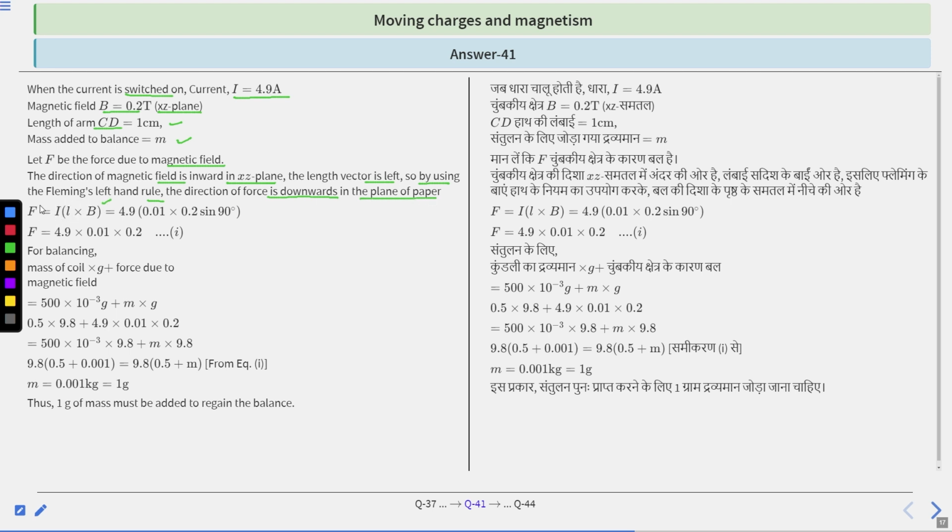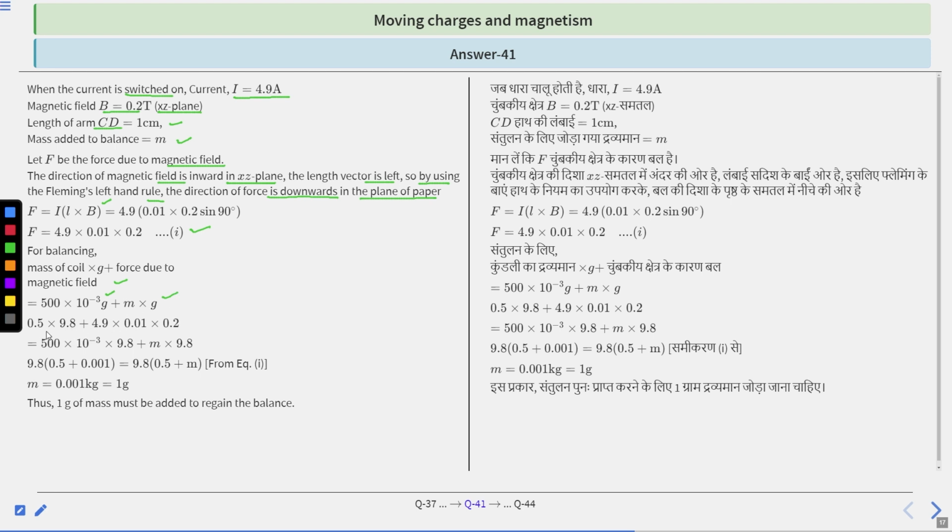After putting all the given terms in this formula, you get 4.9 into 0.01 into 0.2 sine 90 degree. So F is equal to 4.9 into 0.01 into 0.2. Let this be equation first. And for balancing, the weight of the coil plus the force due to the magnetic field equals the other side.